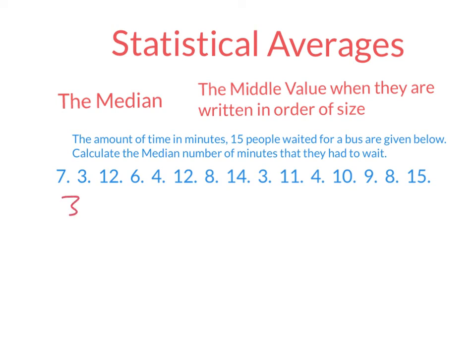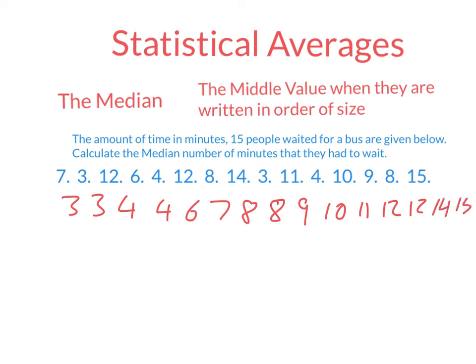So we have a 3, and a 3, and a 4. We have another 4, a 6, a 7, an 8. We have another 8. So remember, if the numbers are repeated, you need to put them all down. We have a 9, a 10, an 11, a 12, a 12, a 14, and I'll just fit it in, a 15. And we're looking for the middle value. Now there were 15.